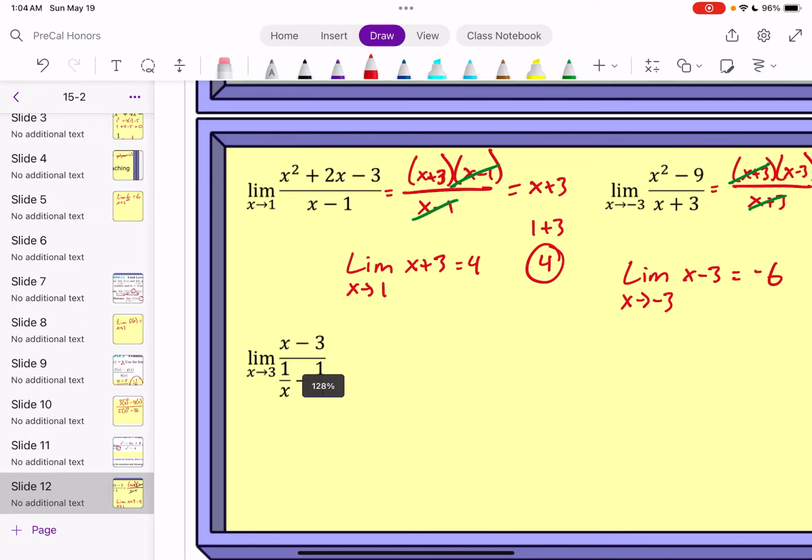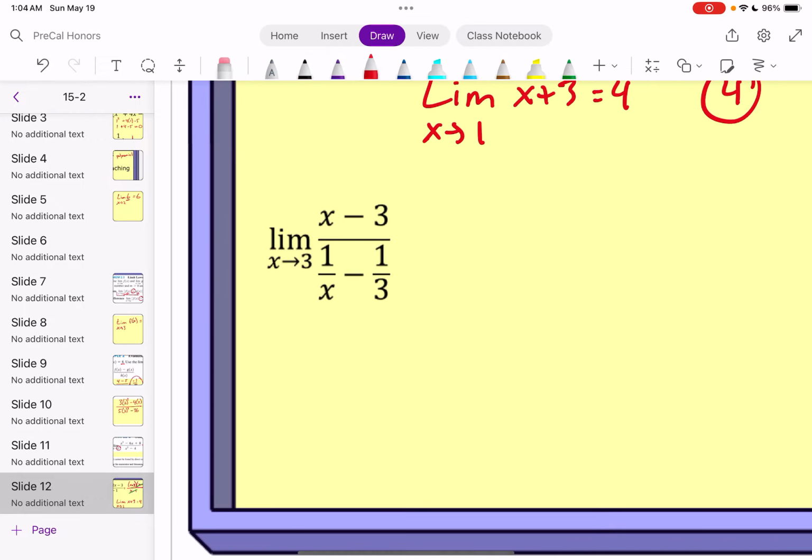In our last problem, we are multiplying by that common denominator. In this case, we are multiplying both the numerator and denominator by 3x. By doing that, we get rid of all of our unwanted fractions and keep them within the same denominator itself.